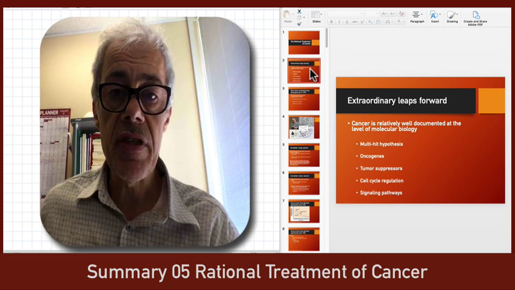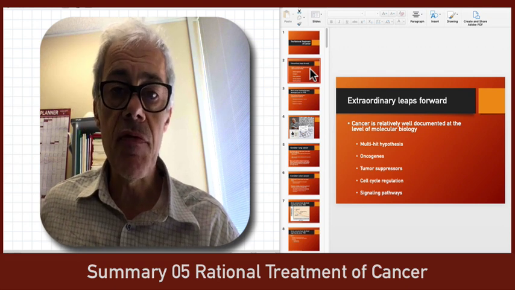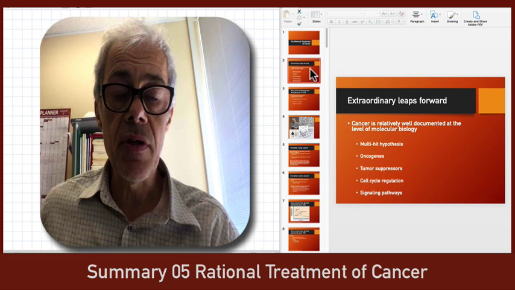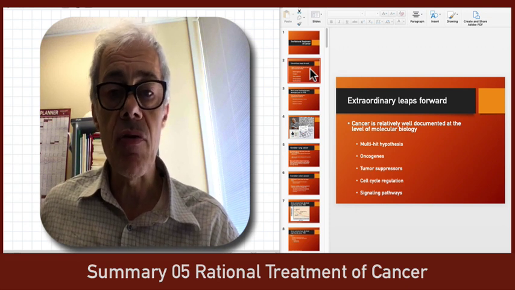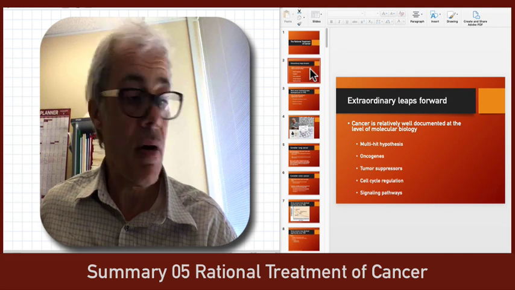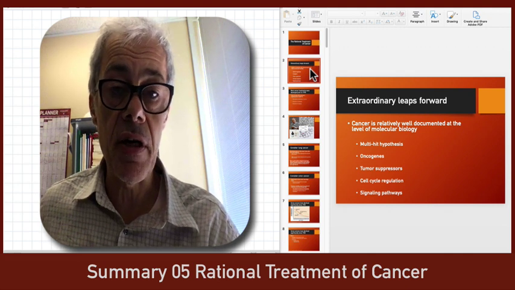Okay, so the idea now is, can this information be used, as a flow-on effect, to think about a rational treatment of cancer, so rational drug design.